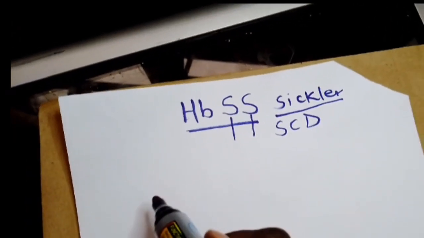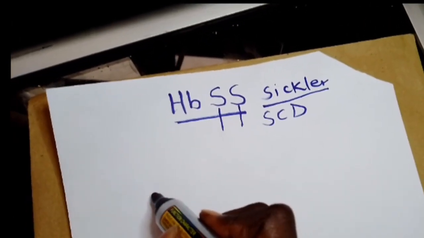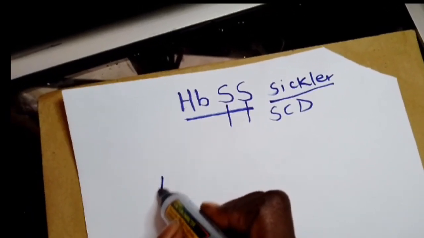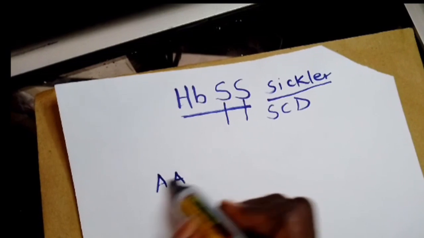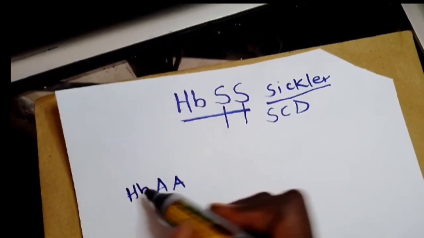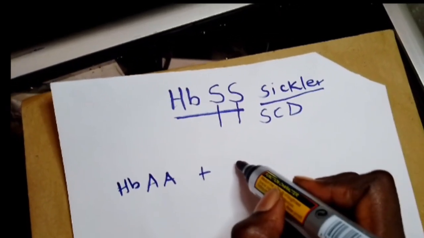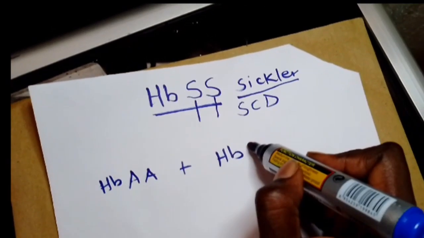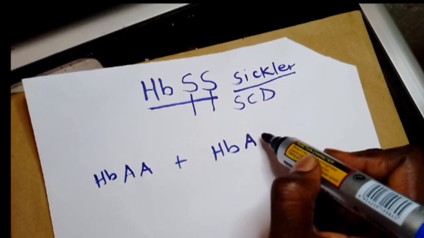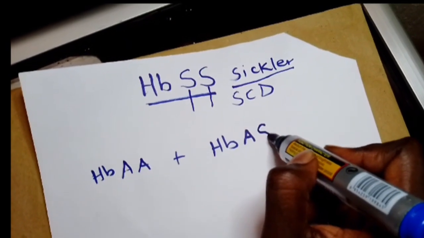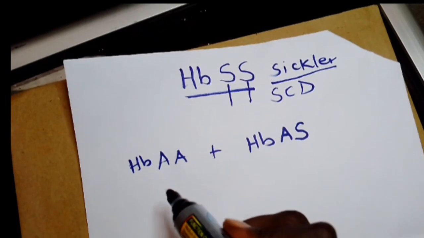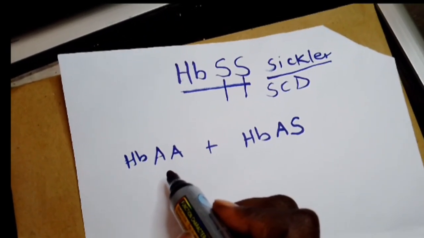Alright, so let's say one parent has the normal hemoglobin, and this person meets another person who is a carrier. So they have a normal hemoglobin, but they also have the sickle cell trait. So what will happen if these people meet up?